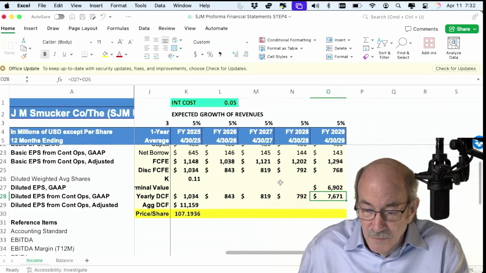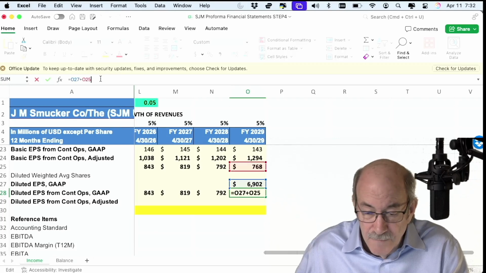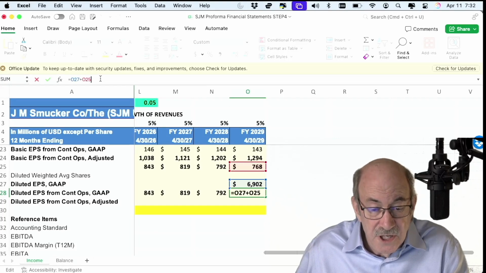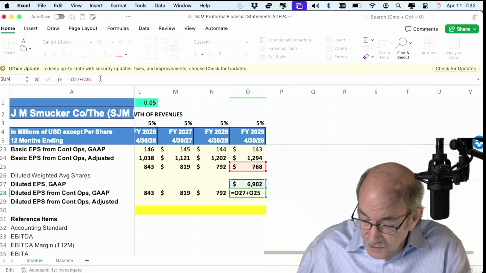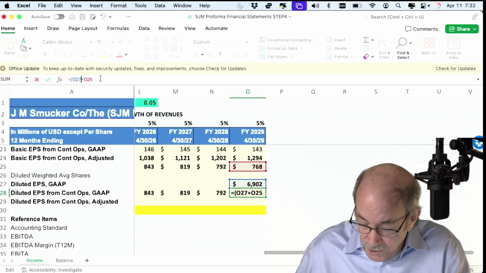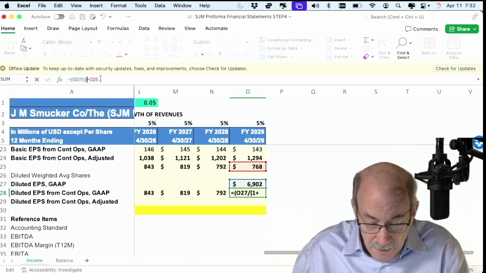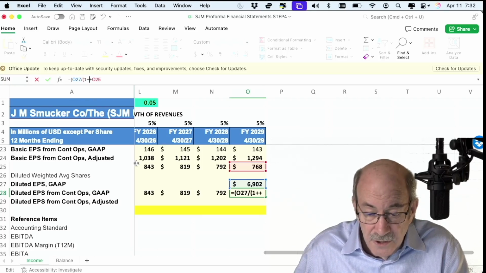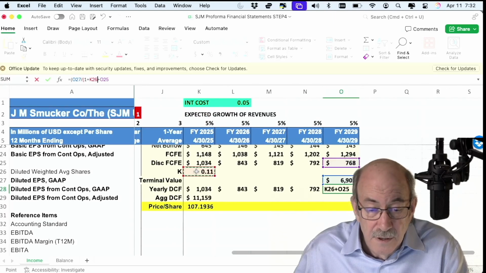Let me move this over so you can see what I'm doing here. Let's see. So it's the 027 that I need to discount. And what I'm going to do is just open parens, and I'm going to divide that by 1 plus our discount rate of 0.11.